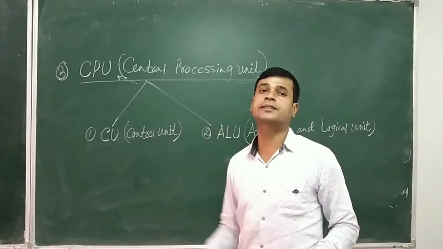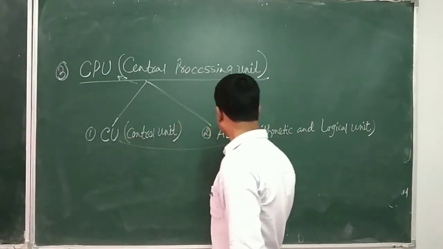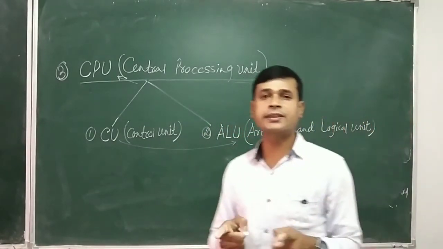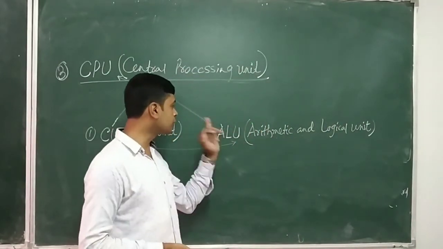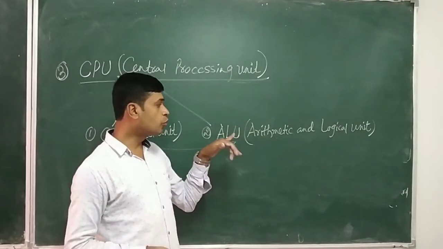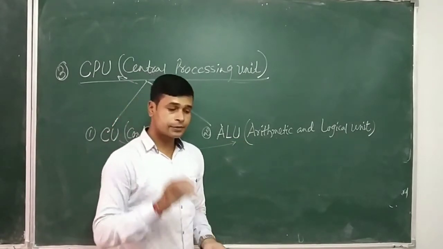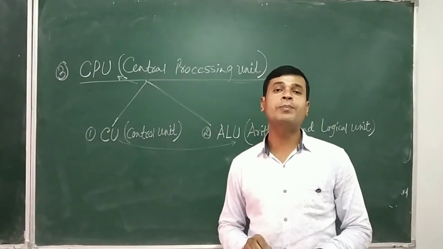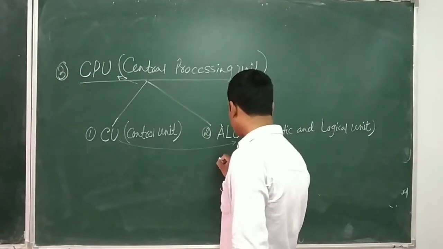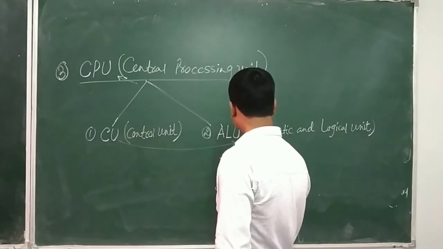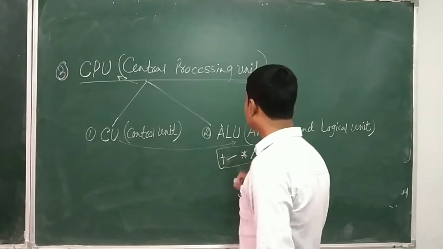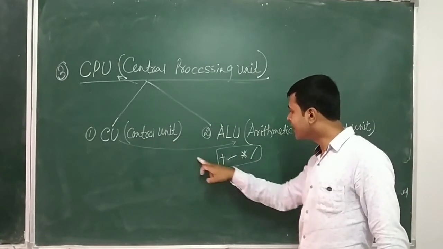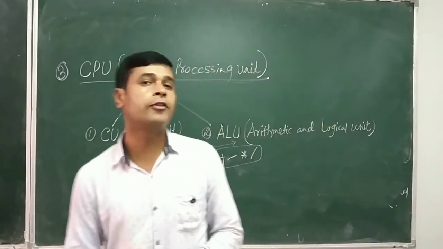And it also directs the ALU, the arithmetic and logical unit, and guides the ALU on what tasks are to be performed. For example, suppose a user wants to perform an arithmetic operation, that is plus, minus, multiplication, division. The CPU will direct the ALU that the user wants to perform the arithmetic operation.